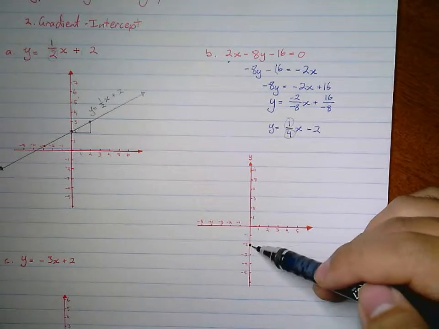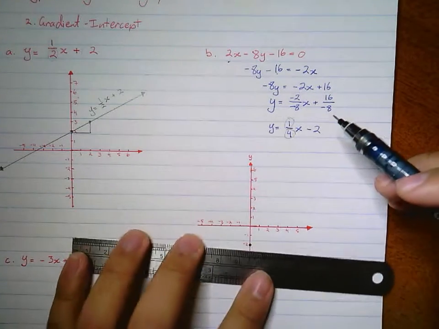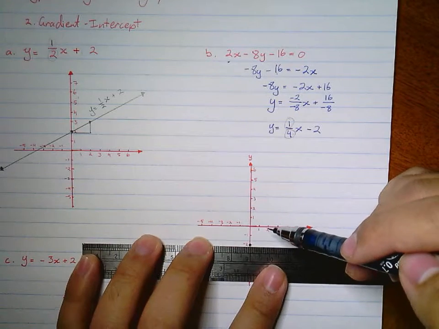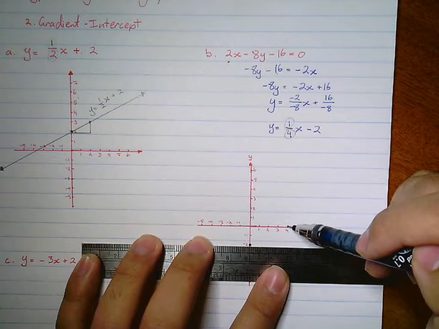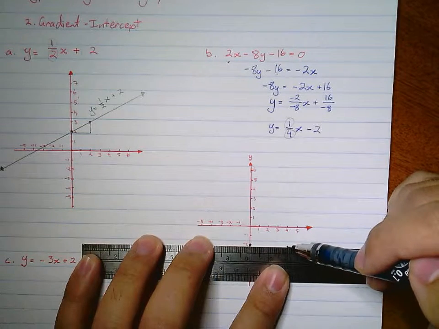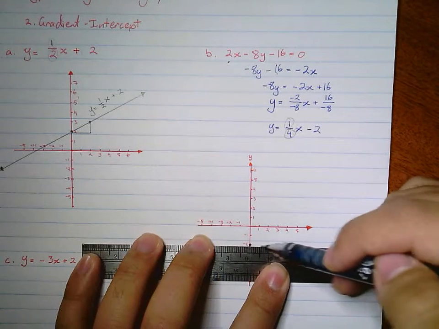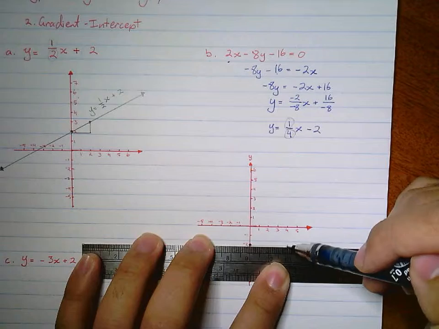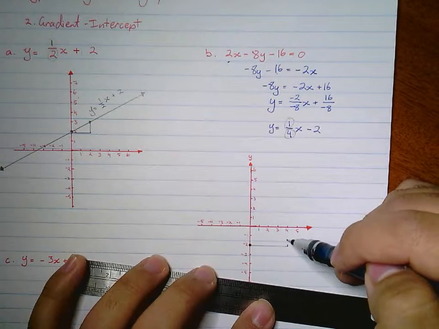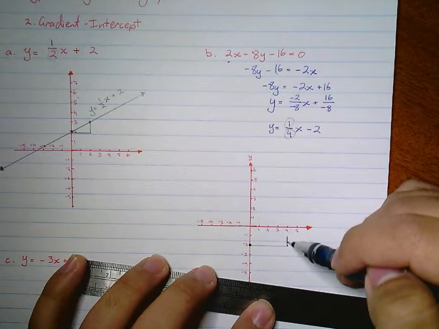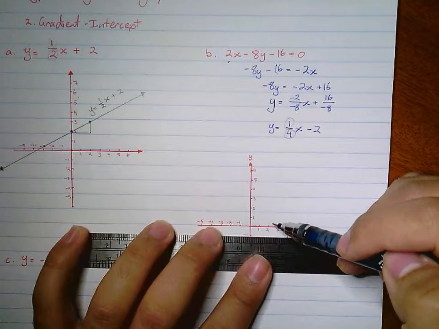So let's go 4 units across here. So that is going to be at the 4 here. That's 4 units across. It would have risen only once, so it's going to rise 1 unit to that negative 1 there.